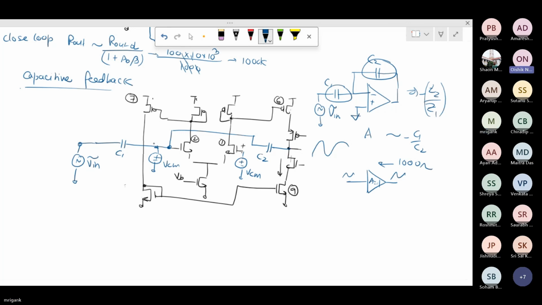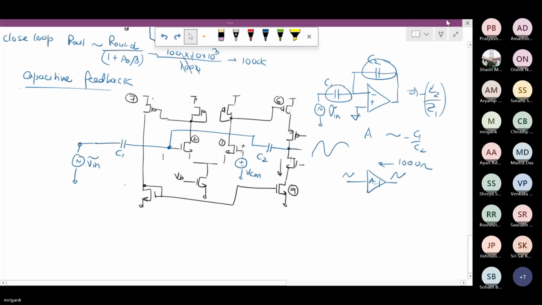Sir, because we will be imposing two different voltages at the same node. What do you mean different voltage? Where is the different voltage? If we connect a source like VCM directly to that node, then we are forcing the voltage to always be at VCM. Yes, so there is no small signal AC, right? It becomes an AC ground. If you put a DC voltage here, it becomes an AC ground, so no AC signal is going to flow. So that is not possible. We can't just short it like this. We can't put that DC voltage here.